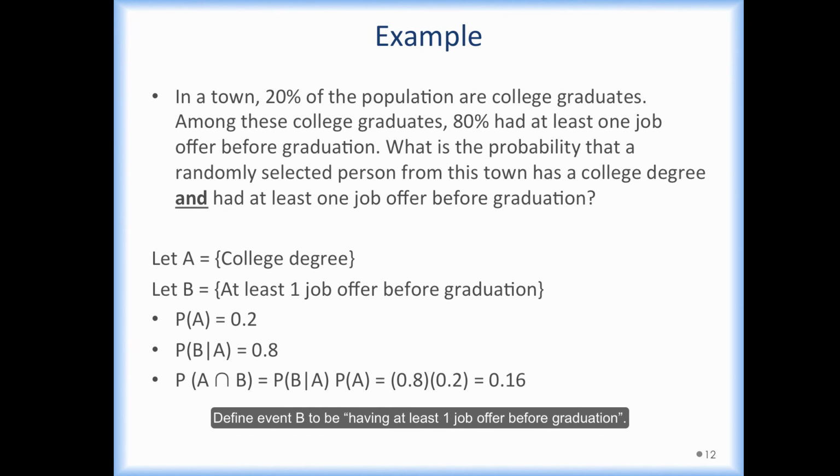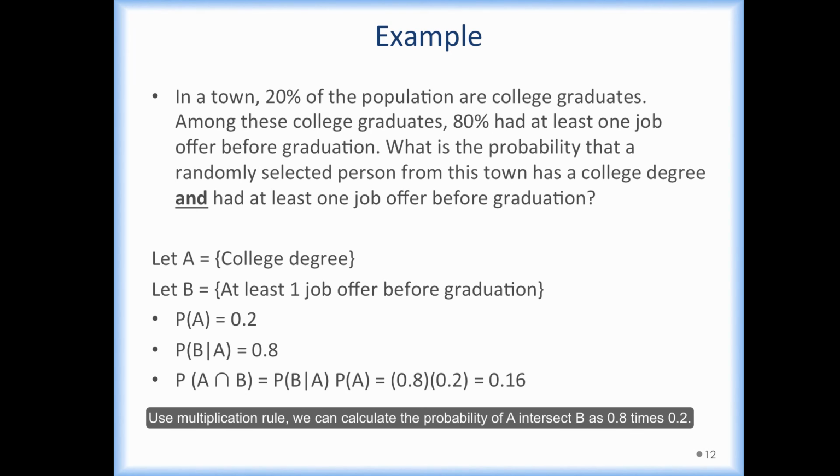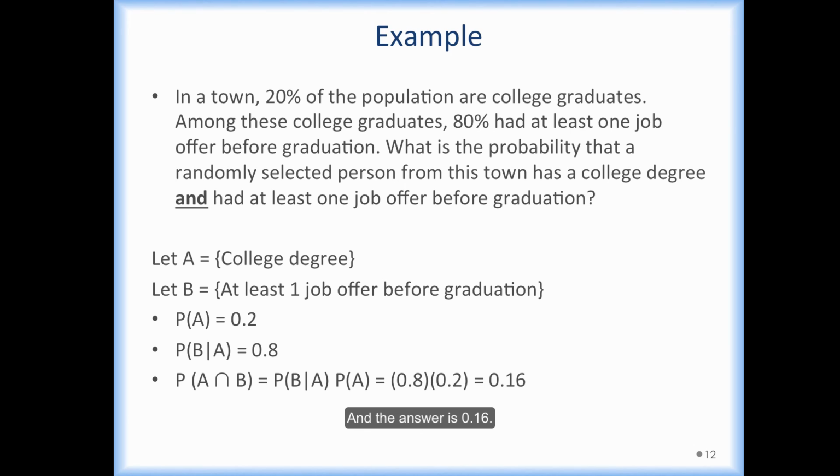Define event B to be having at least one job offer before graduation. Based on the problem description, the probability of A is 0.2, and the probability of B given A is 0.8. Using the multiplication rule, we can calculate the probability of A intersect B as 0.8 times 0.2, and the answer is 0.16.